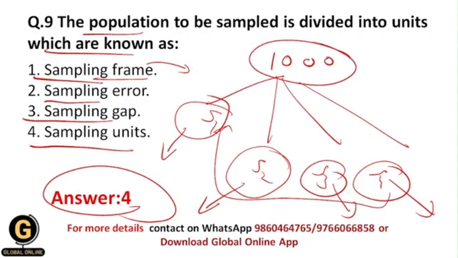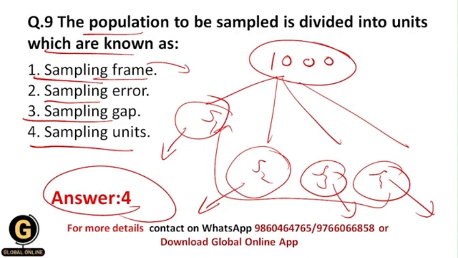Okay, and a sampling frame basically is the frame which includes all the samples that we have already selected for a study. So this is called the sampling frame. But sampling units basically include the units of the population to be sampled. Okay, and it does not guarantee that it includes all the participants selected for the study, but the sampling frame includes all the population or participants which are selected for the study.